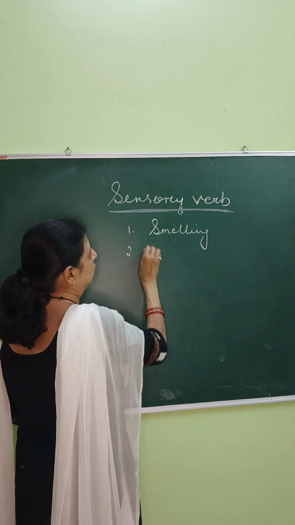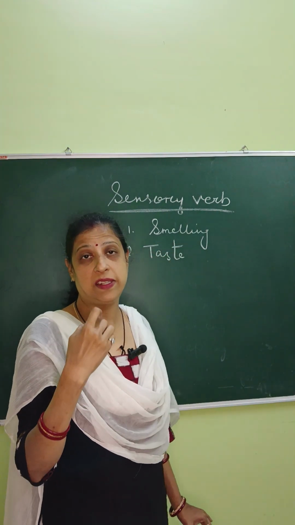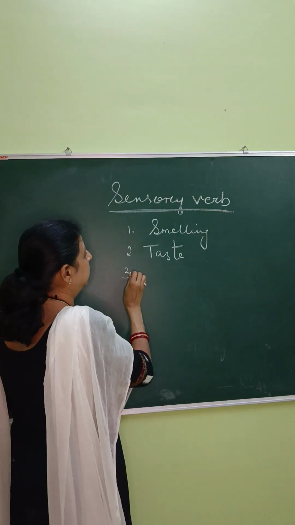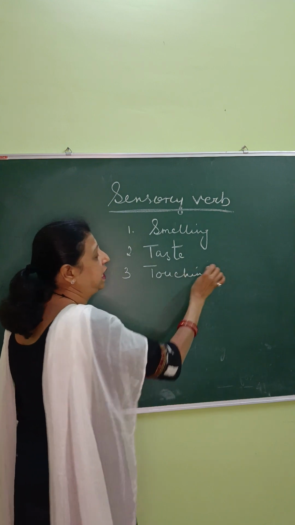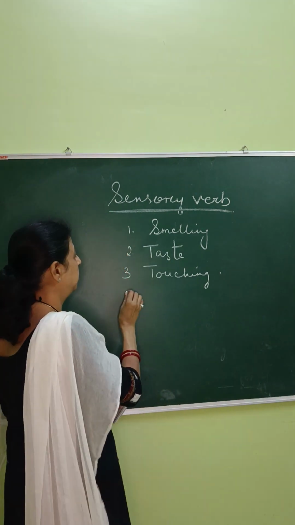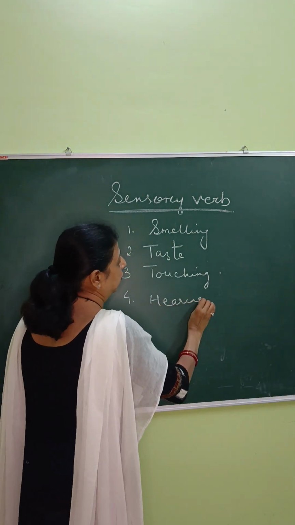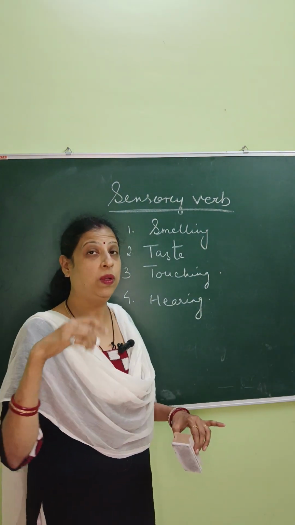Then number two comes taste. You are tasting. That is the tongue. Number three, you are touching. Anything that you touch is again a sensory verb. Next, hearing. When you hear, that is again a sensory verb.